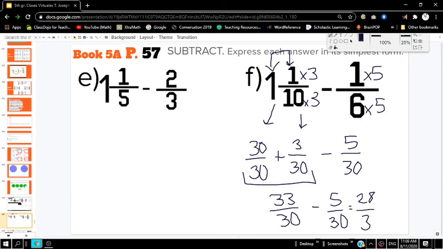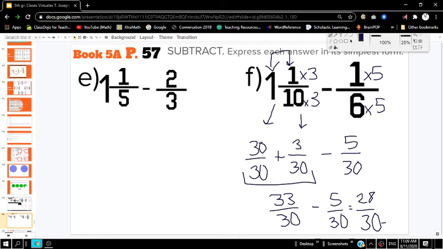28/30 is my answer. But before I decide that this is my final answer, I'm going to see if I can simplify. I can. What factor? Could I divide by 2, 3, 4, 5? Well, 30 is divisible by 5, but 28 isn't. 30 is also divisible by 3, but 28 isn't. What about 2?